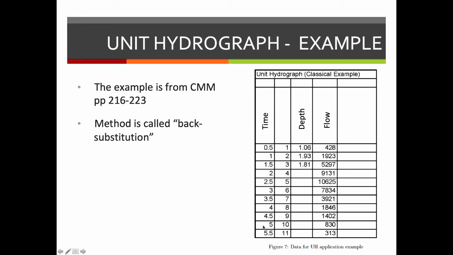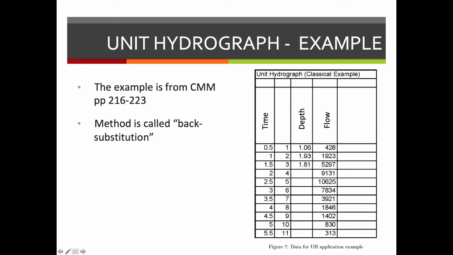Assume these are in hours, so at hour 0.5, 1.5, we have 1.06 inches of rain in that first half hour, 1.93 in the second half hour, 1.81 in the third half hour, 0 elsewhere, and the observed flows are 428, 1923, 5297, 91, 31, 10, 625, and so on. So these three inputs of rain produce this observed runoff hydrograph.